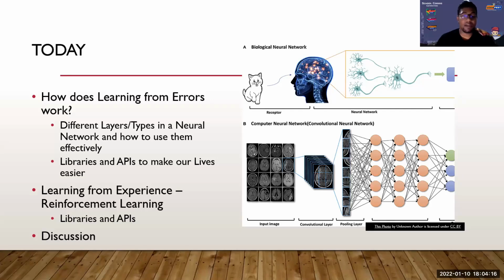For example, if you have images that need to be recognized, what sort of a neural network do we need to use at that point? Or let's say we have a paragraph or a couple of sentences, and we want to understand what the user has written. In that kind of scenario, what sort of a neural network do we need to use?